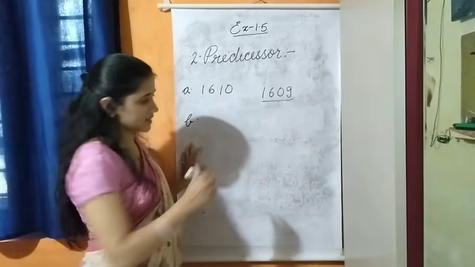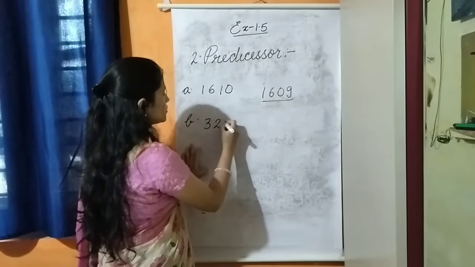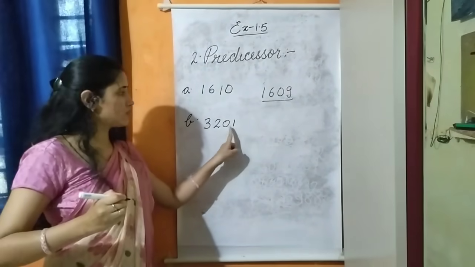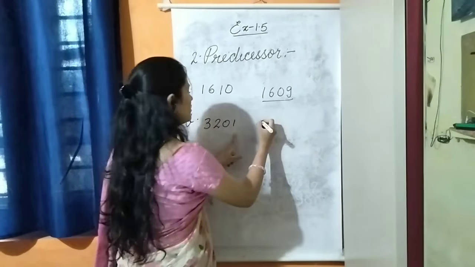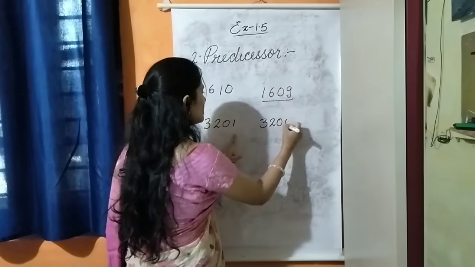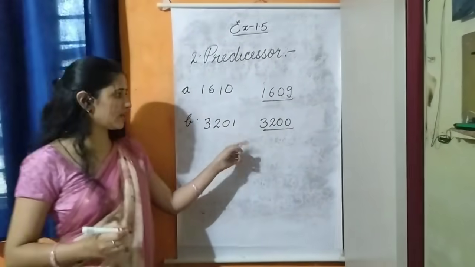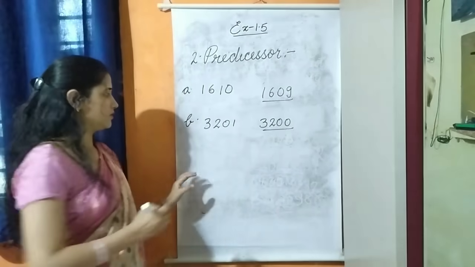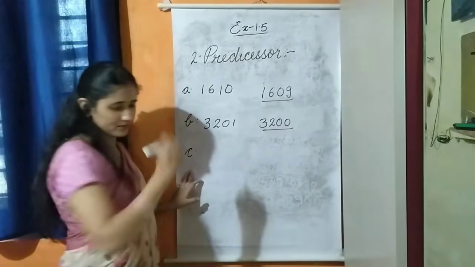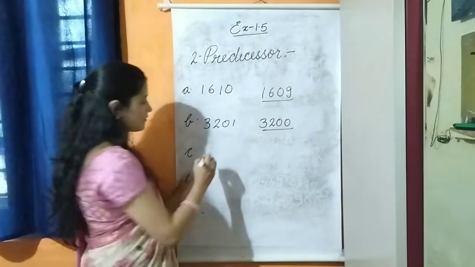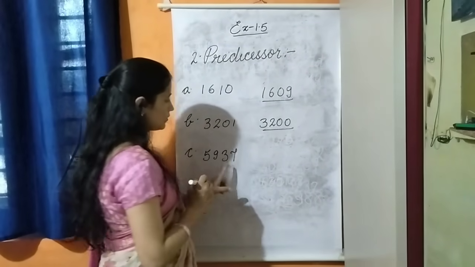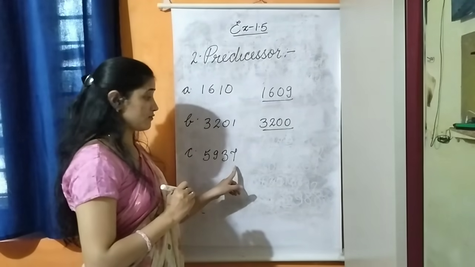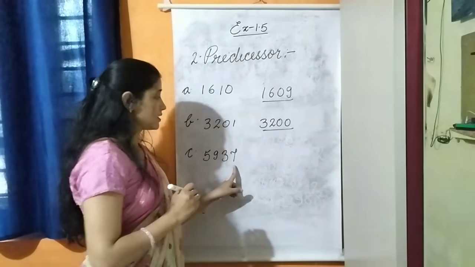Then B is 3201. So we will subtract 1 from 1, and your predecessor will be 3200. Only we have subtracted 1 from here. C, 5937. If we subtract 1 from 7 it will become 6.